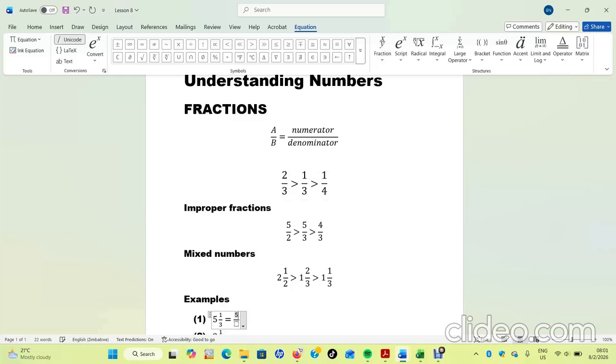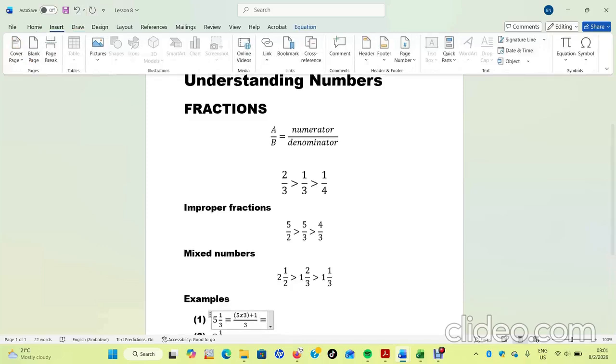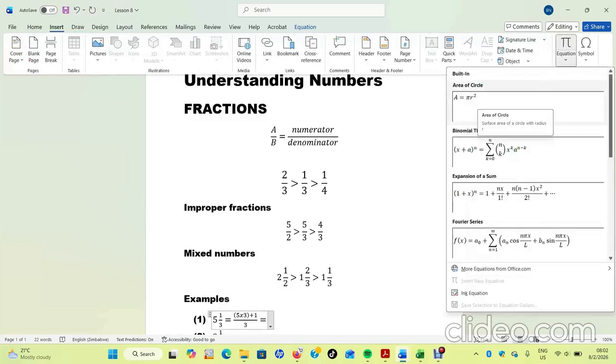The natural number multiplied by the denominator, then add the numerator, then divide by the denominator. So it becomes 5 times 3 plus 1, which is 16, divided by 3.